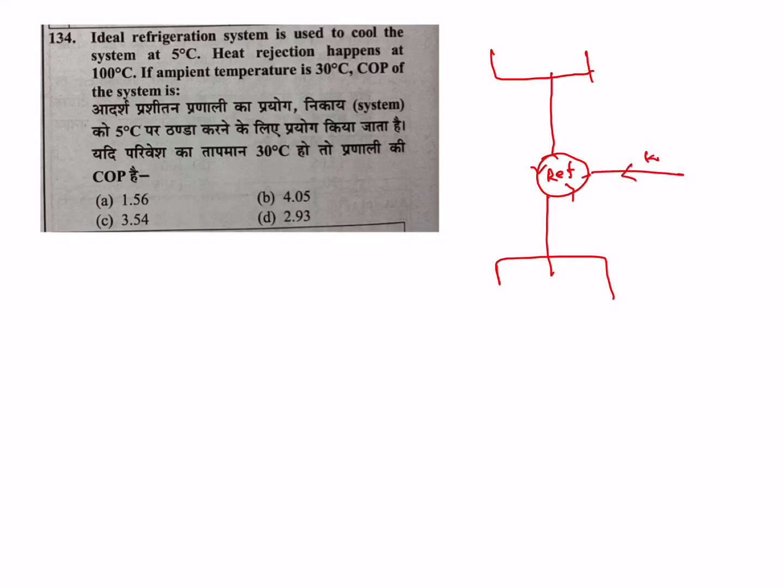Work done on the system. T minimum is the refrigerated space, T maximum is the atmospheric temperature. So T minimum is how much? 5 degrees Celsius or 278 Kelvin. T maximum 100 degrees Celsius or 373 Kelvin.